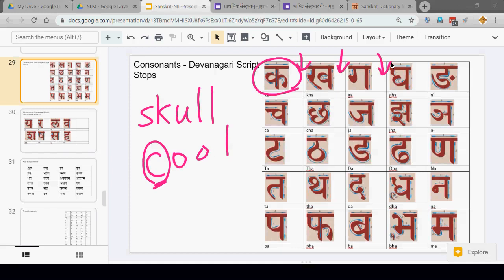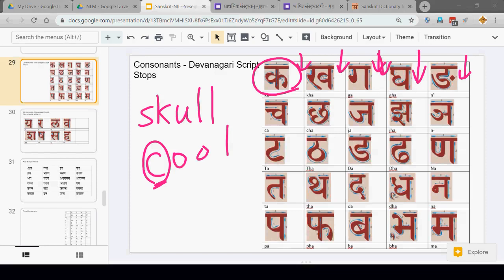The third column is voiced. It is a resonating sound. The last three are resonating sounds. Ga, gha, nga. And where the ga requires less breath, gha, the fourth column requires more breath, and nga, this requires the air to pass through the nasal passage also.